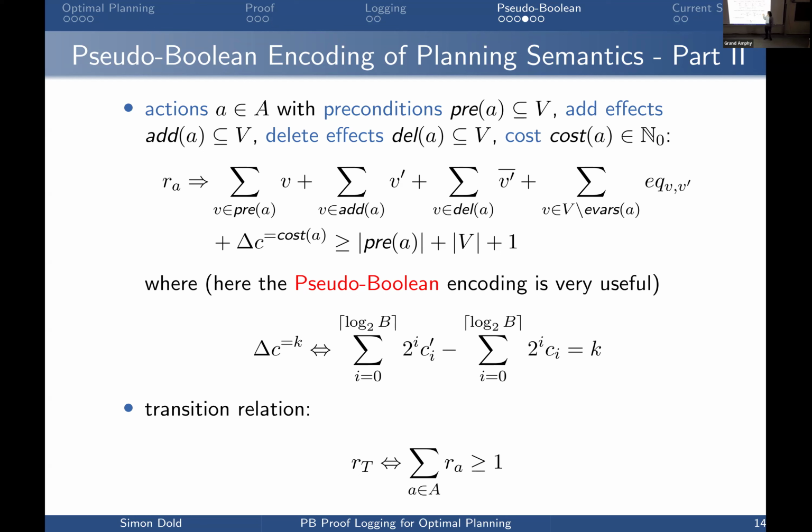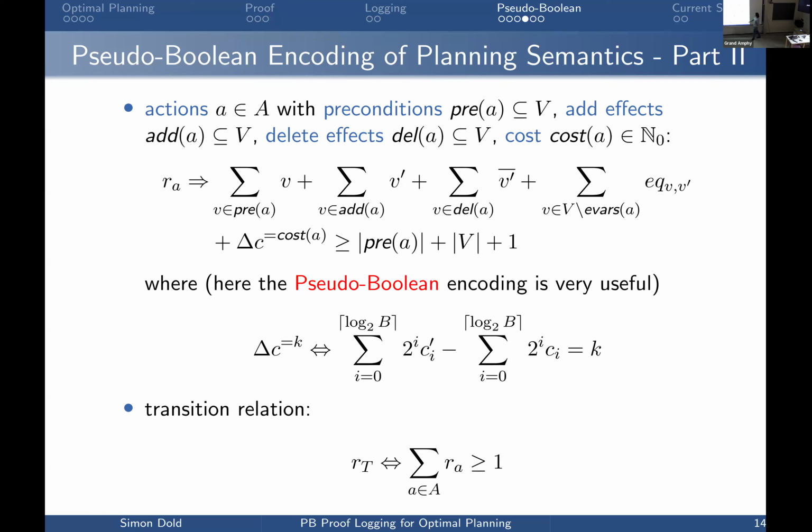And there I can fairly straightforward encode this in this pseudo-Boolean encoding, similar to what Matthew did in his talk, by having the value of the bit representing to its position. And then I can just subtract the one from the other to get this difference that should be corresponding to the cost of this action.